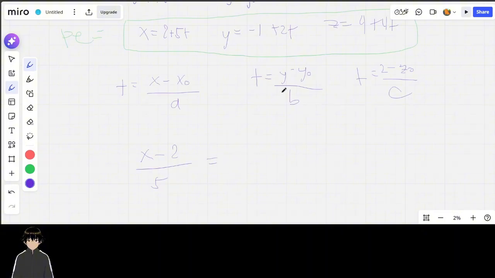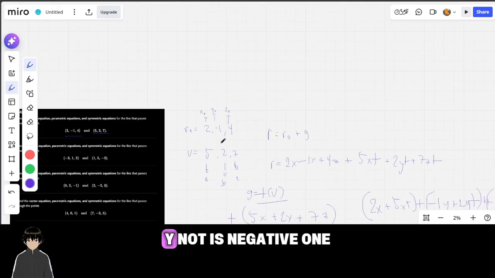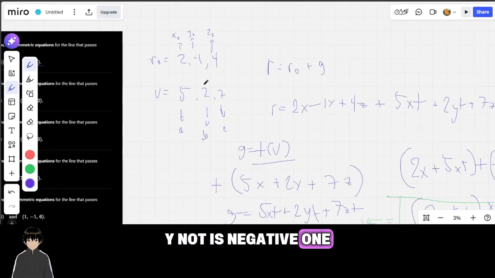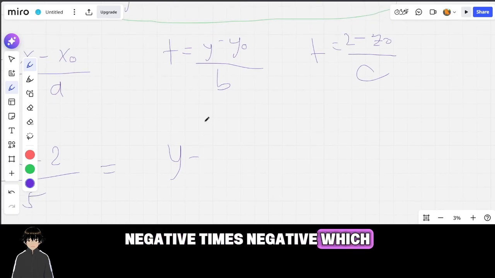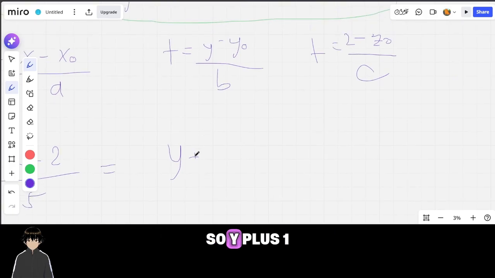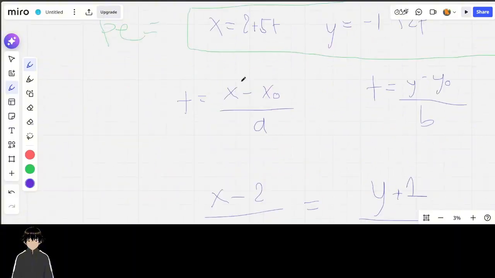So y minus y naught is -1, which is negative times negative, which is going to be plus 1. So y plus 1 over b. What is b? B is 2.